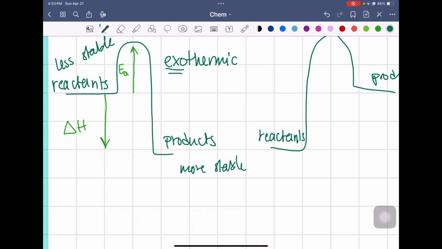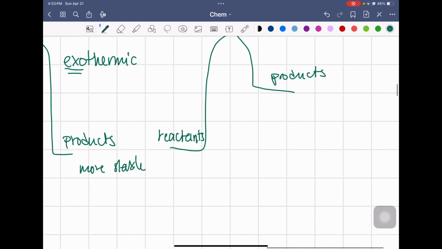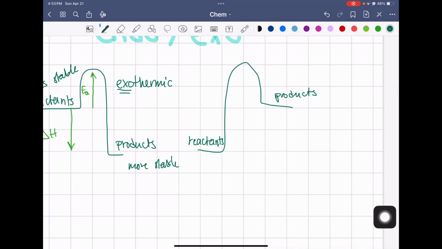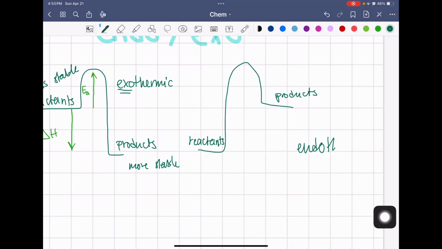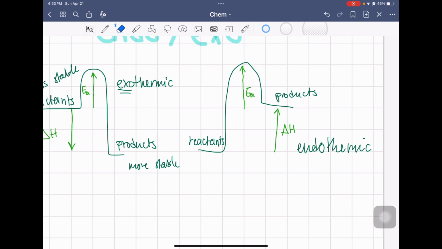Now, let's contrast that with our endothermic diagram. So if that one was exo, this one must be endothermic, which means they're absorbing heat. And we can see this since we have a positive enthalpy change, and as usual, we still have our activation energy over here, which doesn't really have anything to do with this.